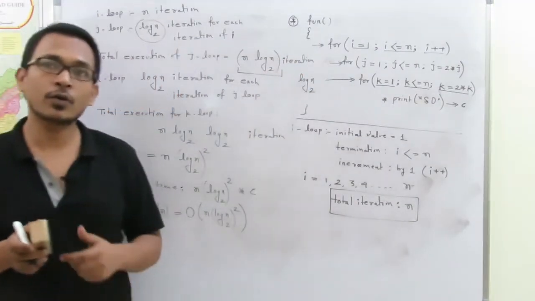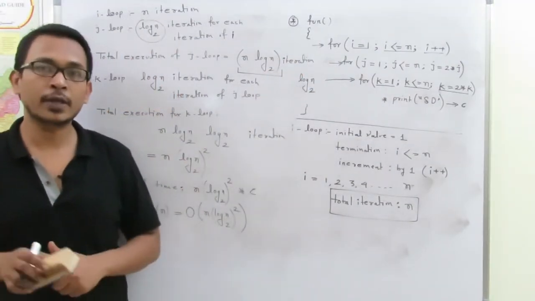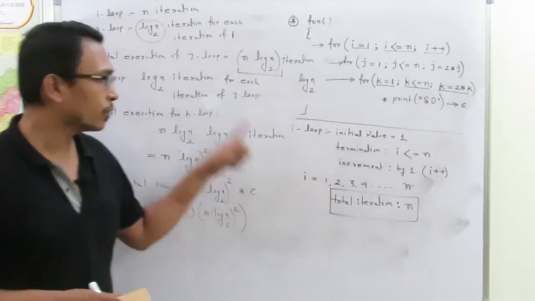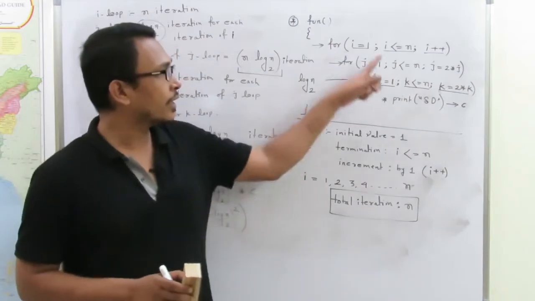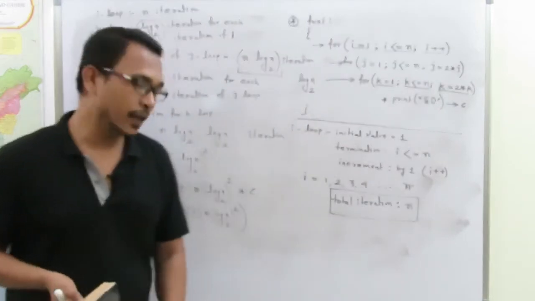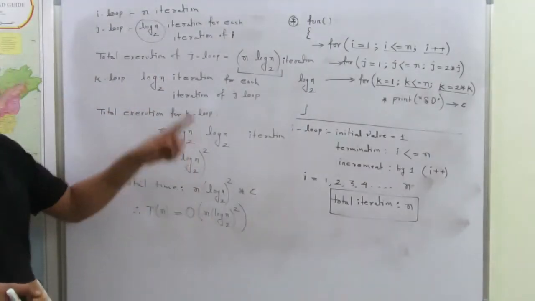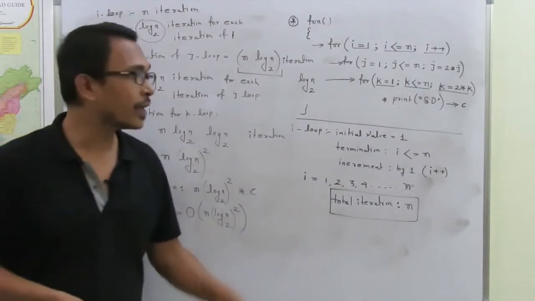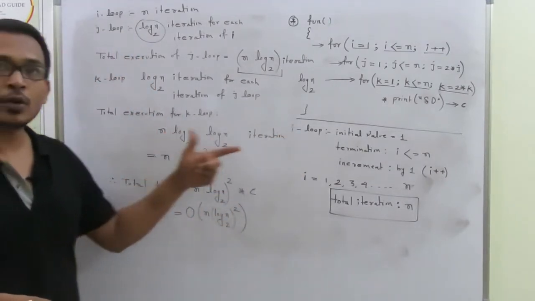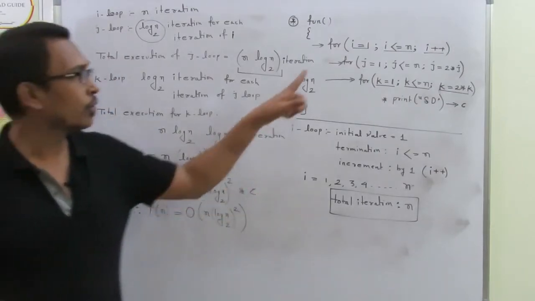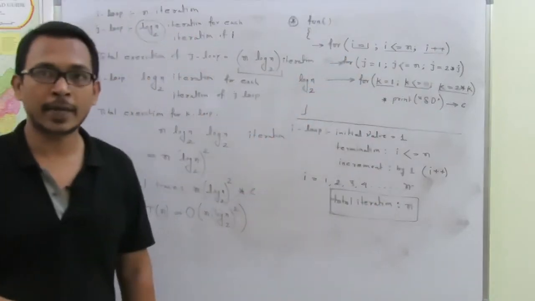Once you understood the whole concept, you don't need to go through all these approaches. By looking at the loop itself, you can find the time complexity of any particular problem. Now look at the problem again.